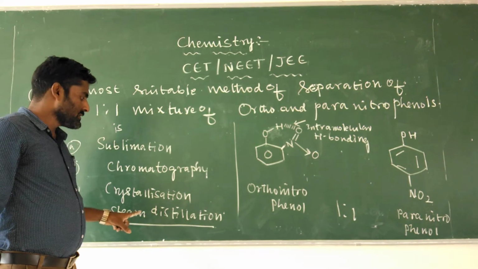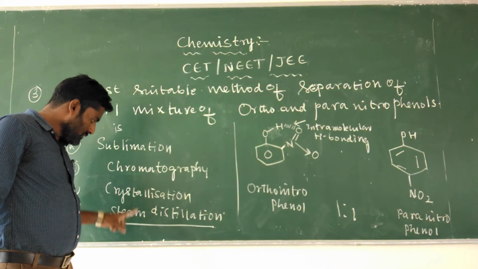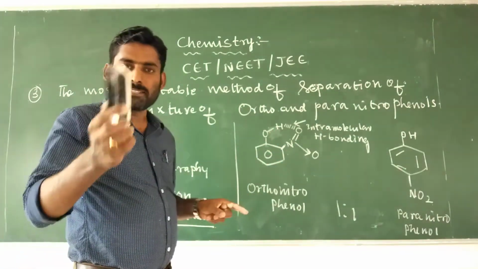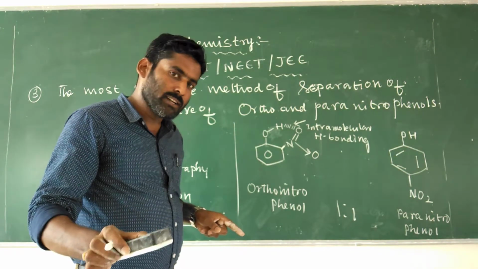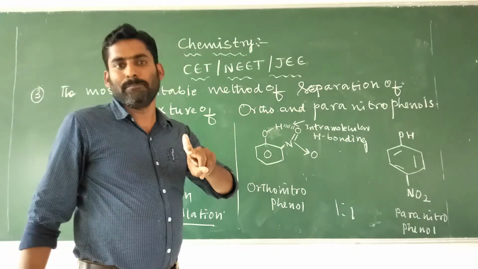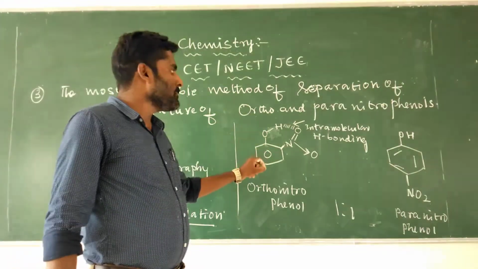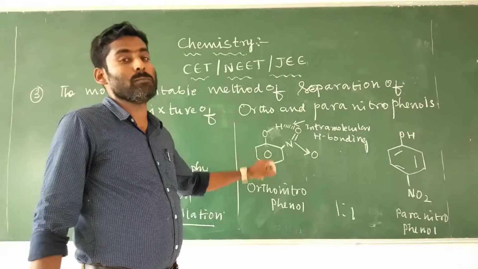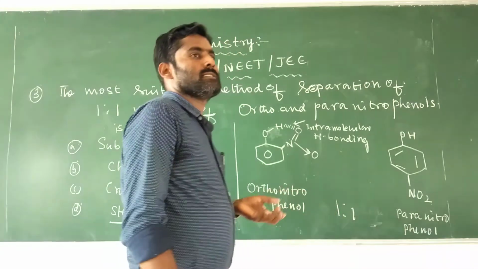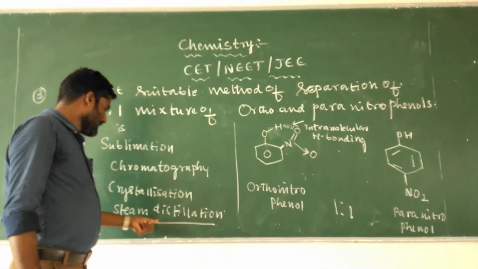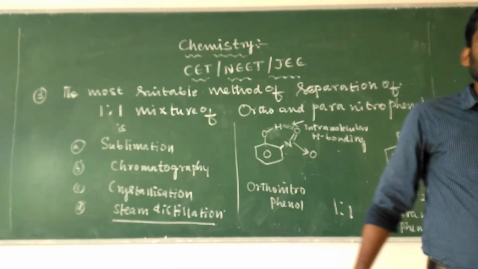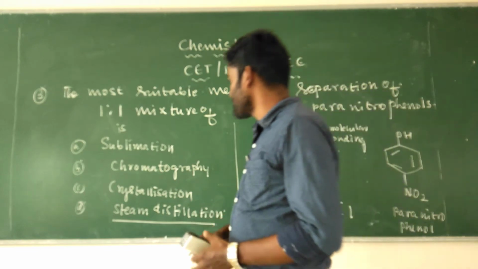Using steam distillation, a mixture of compounds which are insoluble in water and which become steam volatile on passing steam can be separated. Compounds that are vaporizable and insoluble in water can be separated by steam distillation. So ortho-nitrophenol and para-nitrophenol can be separated by steam distillation.